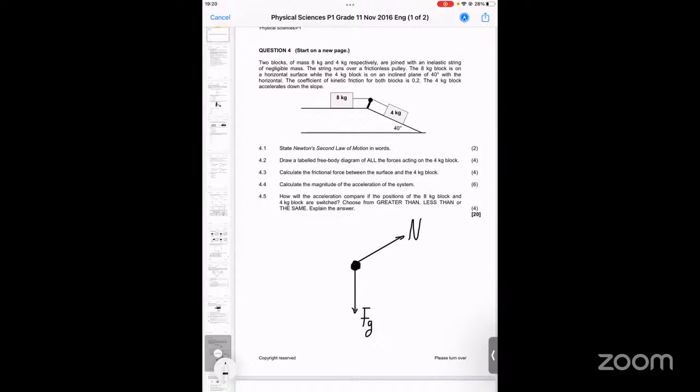So that means frictional force is always opposing the direction of the movement of the object. So because in the statement they said accelerates down the slope, so that means the frictional force will therefore be up the slope. So this is where now we will have our frictional force.